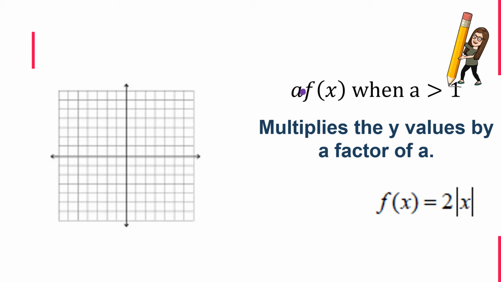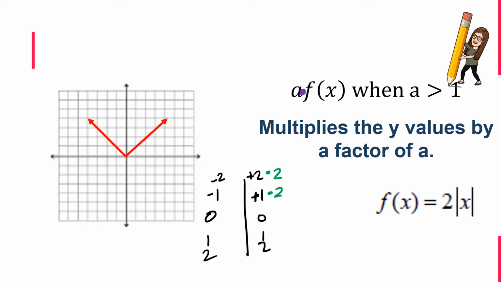So I'm going to approach this from a table perspective first. Parent table. We're going to multiply. It's a vertical stretch. Oops, why did I put negatives? Parent table's positives. Sorry about that. Stretch means multiply the y values by the factor out front. We're going to create our table.